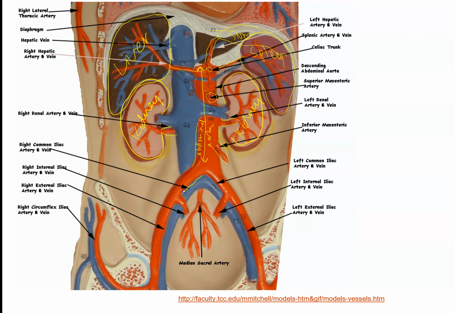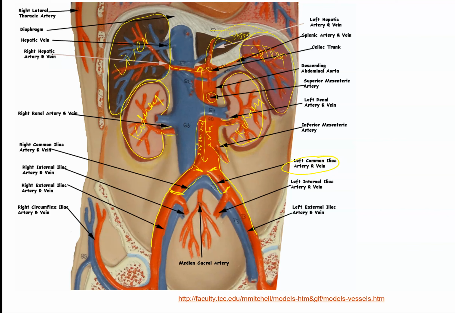And then when the abdominal aorta splits on the inside of your abdominopelvic cavity, from here to there, that is your common iliac artery.